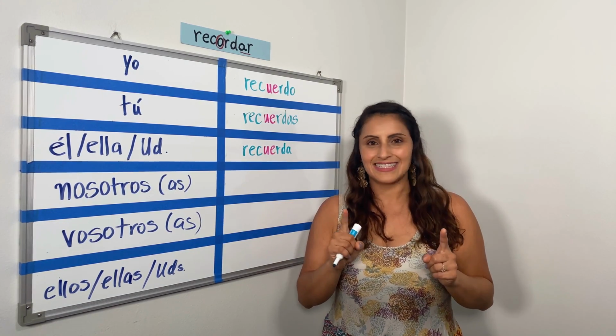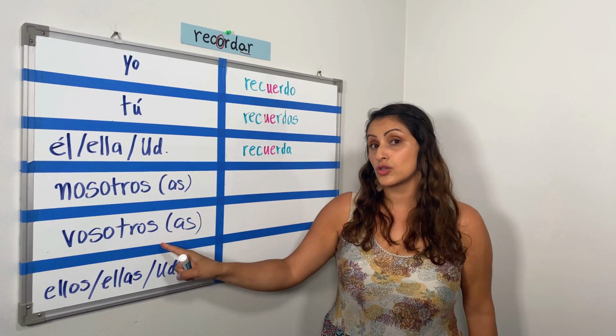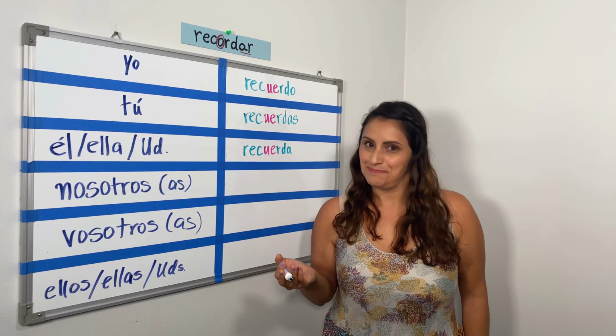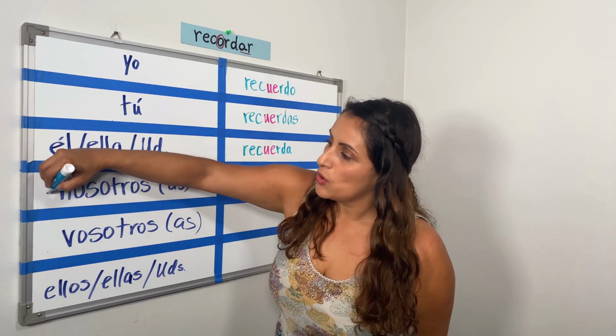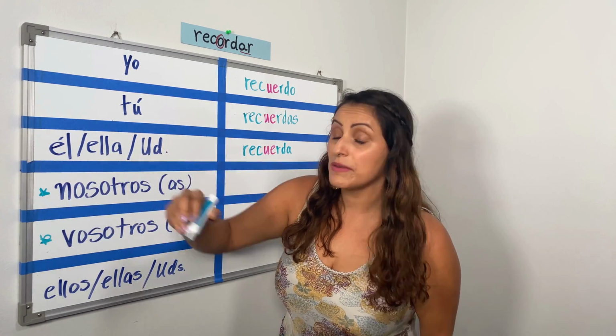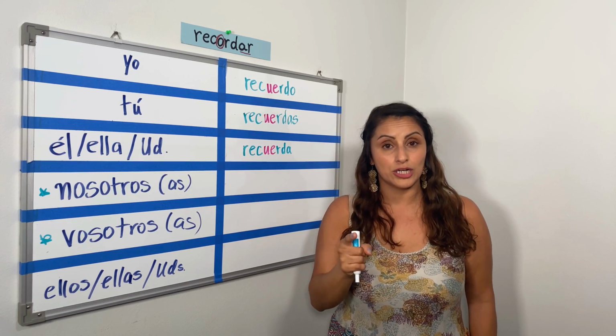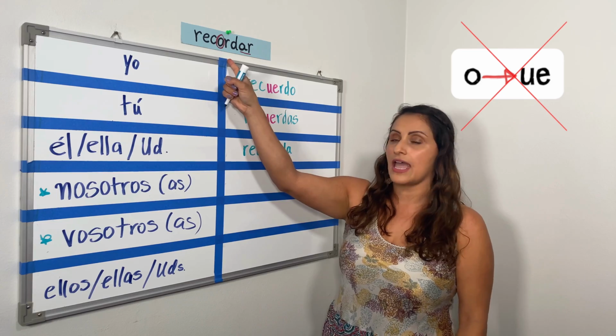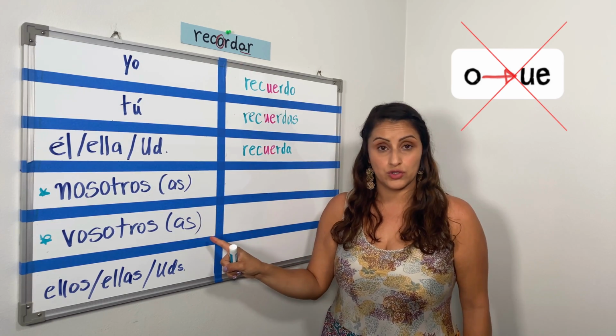Remember that there was something special about nosotros and vosotros? What was it? Yes, you're right. We are going to put a little star here because we need to remember that we are not going to change the stem on nosotros and vosotros.